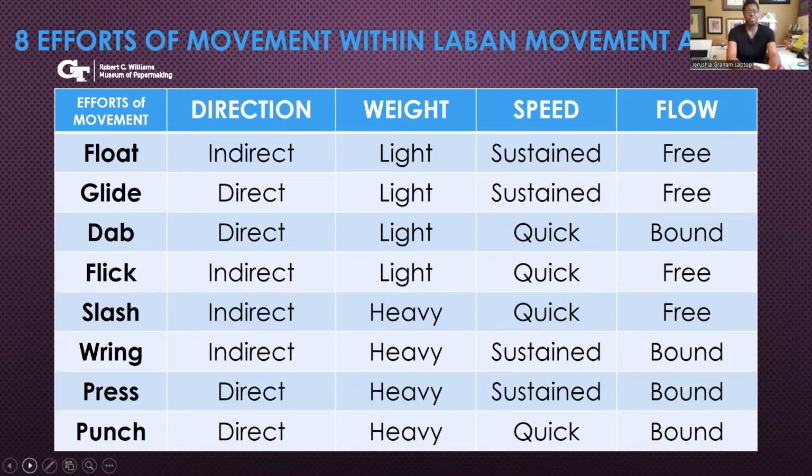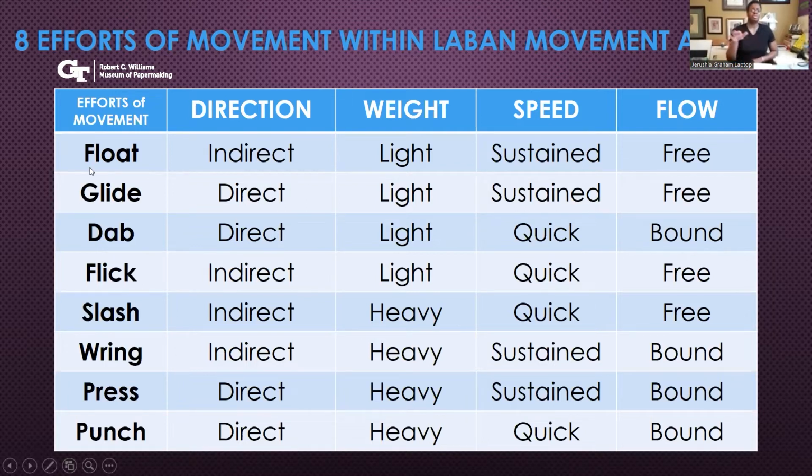So the 8 efforts of movement within the Laban Movement Analysis are float, glide, dab, flick, slash, wring, press, and punch. And you can see on this chart how the combination of the 4 aspects define each of these efforts.